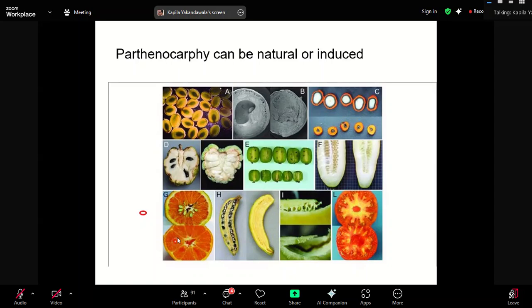They have a high demand in the market. Even seedless grapes are available in the market. Seedless tomatoes are available. Seedless salad cucumbers are available. Seedless pineapples are available. Seedless kiwi fruits are available. So now there's a tendency to develop parthenocarpic fruits, which have high demand in the market.